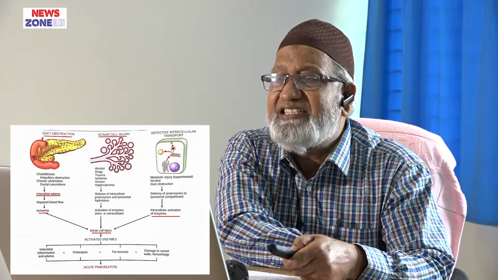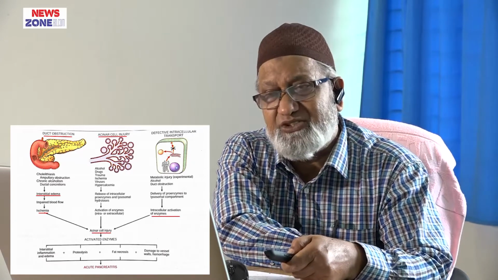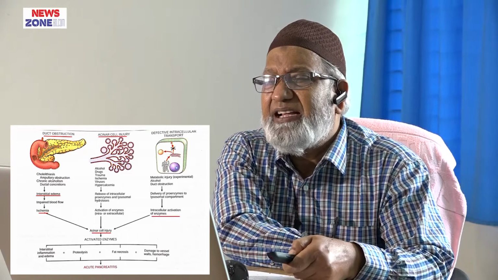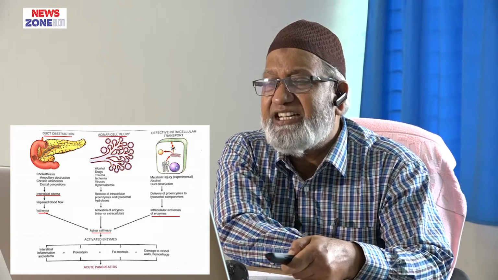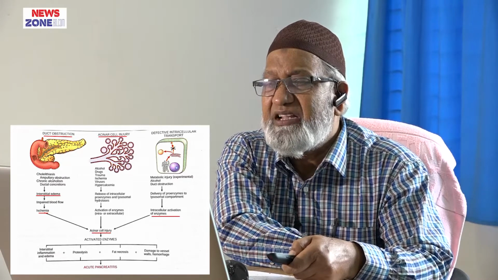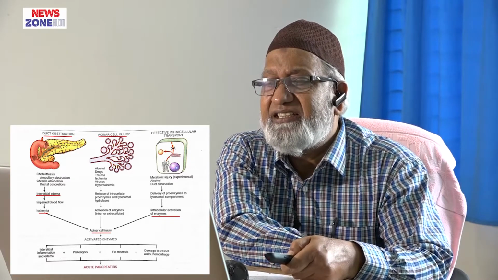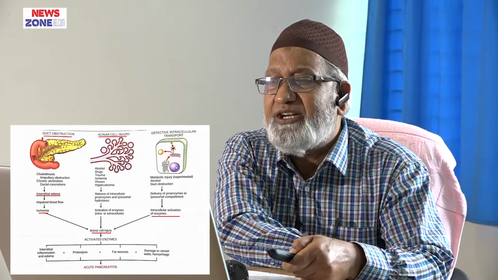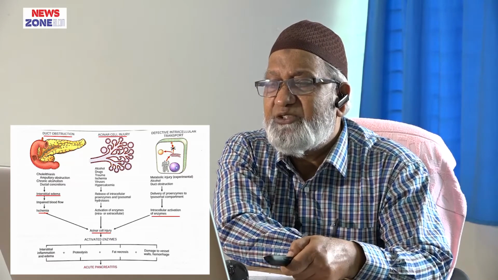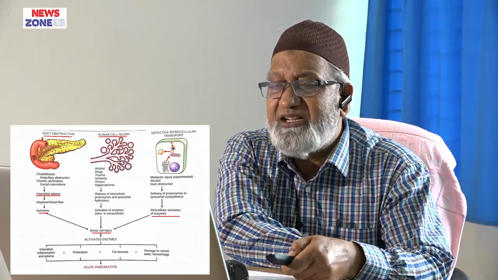Another mechanism is a defective intercellular transport system. It may be a metabolic injury, and it has been shown experimentally with ductal obstruction, that is, delivery of the proenzymes to the lysosomal components, leading to intercellular activation of enzymes.